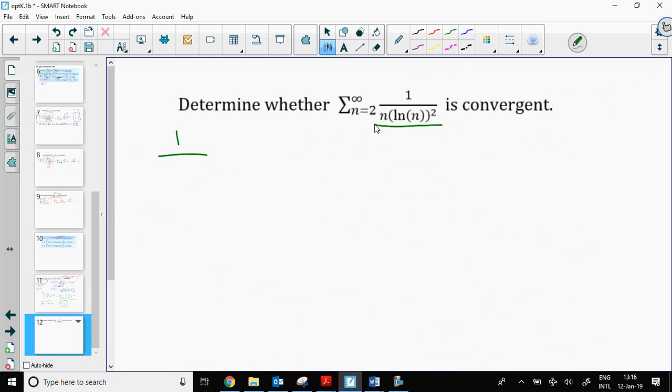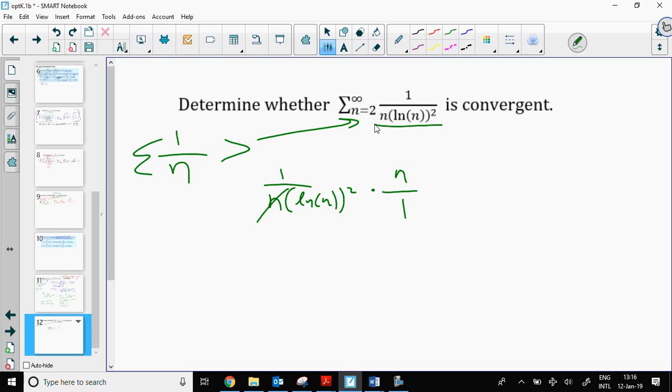So I could try 1 over n. The series of 1 over n diverges, but it's going to end up being bigger than this one because the denominator is smaller. But then if I try a limit comparison, the n's are going to cancel, and now I'm left with a limit of 0 as n approaches infinity.